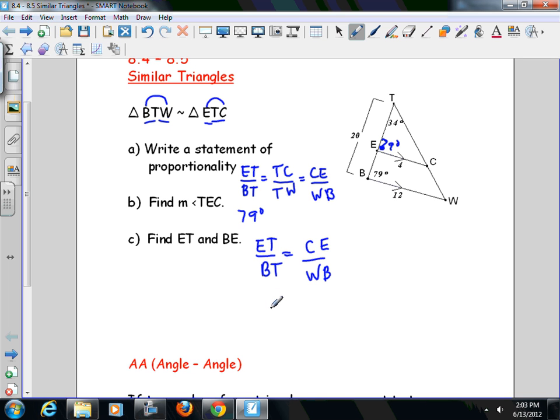We don't know what ET is, so we'll call that X. BT is 20. CE is 4. And WB is 12. Now let's cross multiply, and we end up with 12x equals 80. Divide each side by 12.